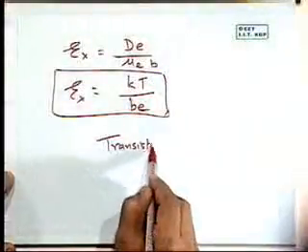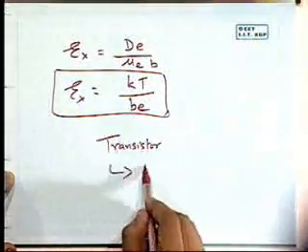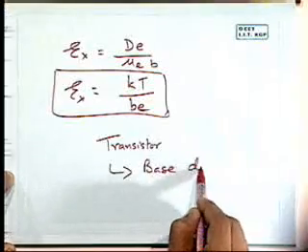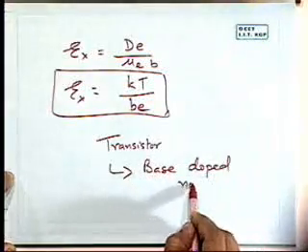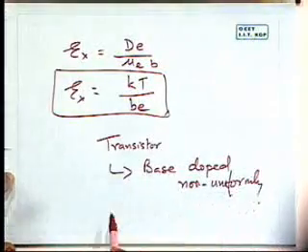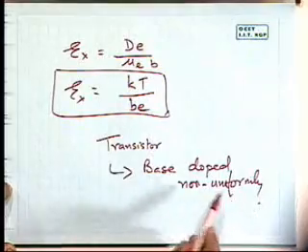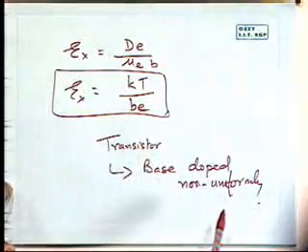Now what that has a role to play is, say for example in a transistor, the base is doped non-uniformly. I think we'll come to this again when we come to the devices. And by artificially doping the base non-uniformly, we create such a built-in gradient.